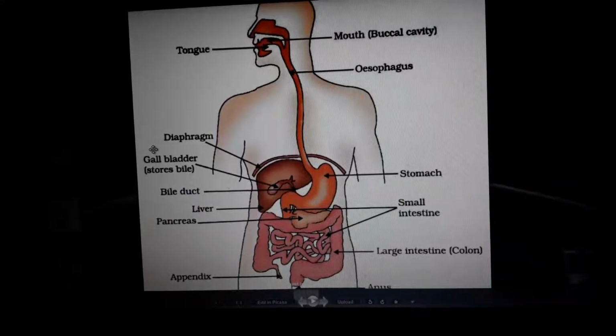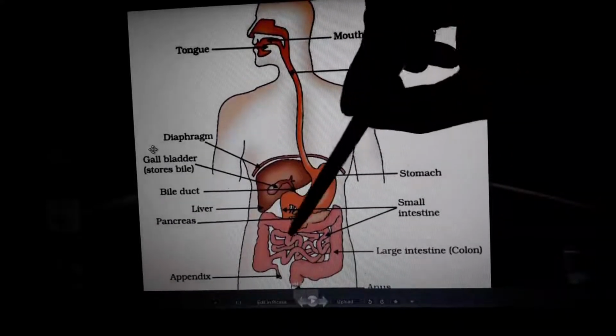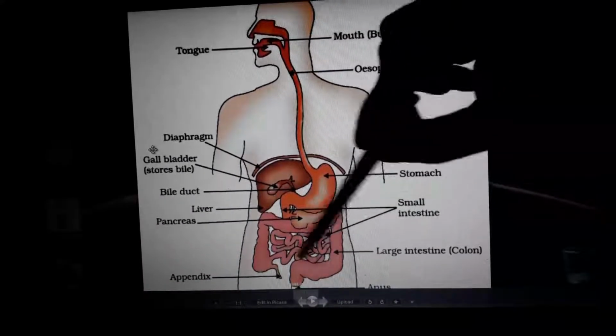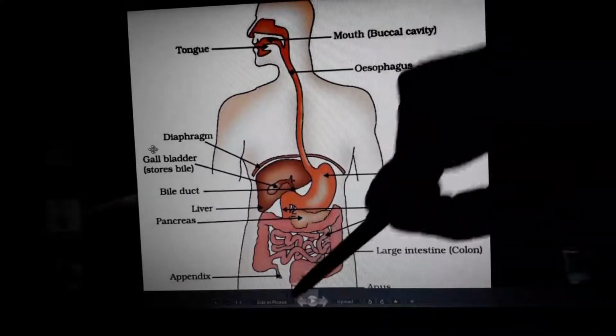So this is the human alimentary system. A tube runs from the buccal cavity, from our mouth, coming here to the stomach, then the small intestine, then the large intestine, and ends at the anus.